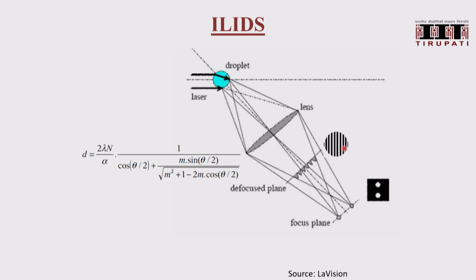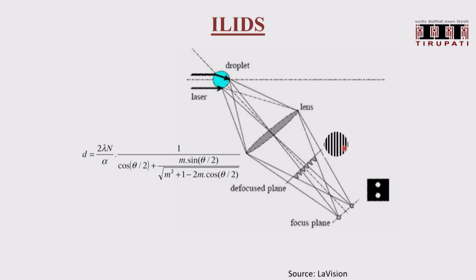If you count the number of fringes you get, there is Mie theory, a formula in which the fringe count is inversely proportional to the diameter. That means if I can count the number of fringes, I can deduce the droplet diameter.